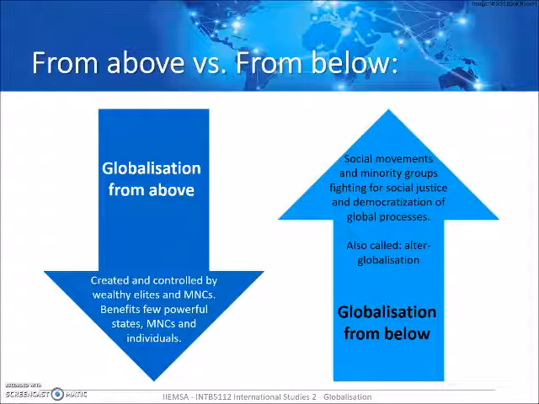So there's also this form of globalization, because social movements have also become more and more international, and minority groups have also become more and more connected in terms of information, in terms of communication, right? And often the fight for social justice has also become more internationalized and more globalized. So these are two forms of globalization that are happening at the same time that we can see evidence of in the world, and that obviously often clash, right? Because the interests that they have are very opposed.